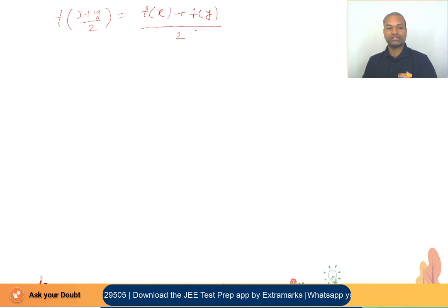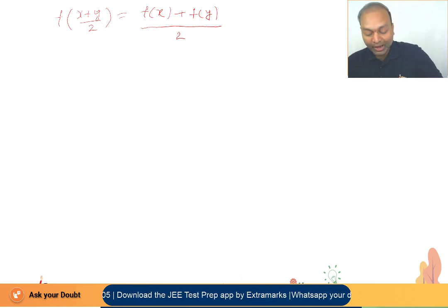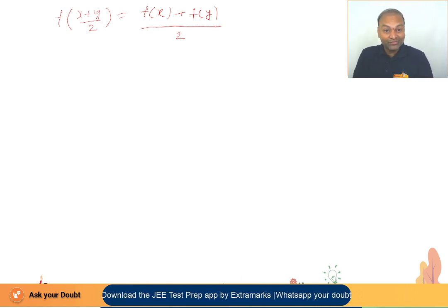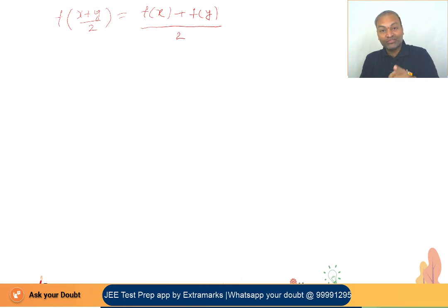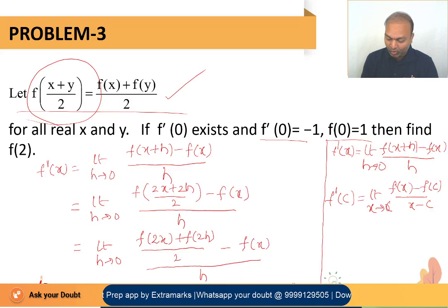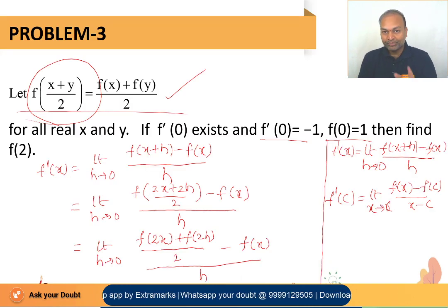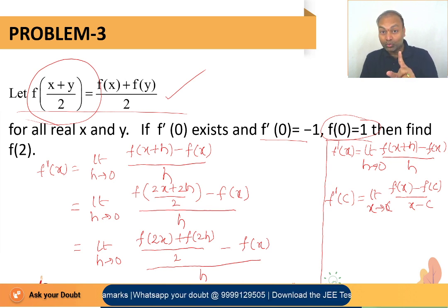This is the condition. Now I am calculating the f of 2x value, and you have to use the given conditions. What are those? The f of 0 value is given and the f dash of 0 value is also given. Using this, f of 0 is equal to 1.